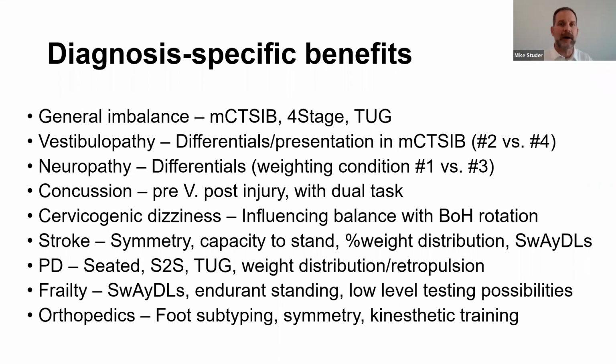Neuropathy, same type of opportunities available, but we look at the comparison for different performance there. We can look at the difference between condition 1 and 3 for neuropathy, and I'm just trying to give you a brief overview here. We can go much deeper than this, so please allow me some latitude. Condition 1, eyes open, stand firm surface. You've got your eyes, you've got your inner ears, your vestibular systems centrally, and your somatosensation available.